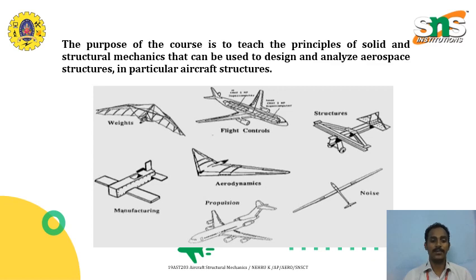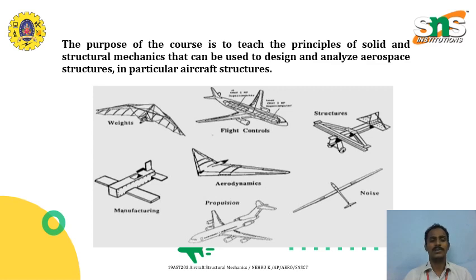So here we have different types of flying machines. One is the flapping wing, the fixed wing, the glider, and the paraglider, which has high aerodynamics models. These are the different types of structures we are going to analyze, and we are going to understand how the airframes are built, especially the fixed wing aircraft: how the fuselage is designed, how the wings are designed, and how engines are mounted in different locations, like wing mounted engines, fuselage mounted engines, and empennage mounted engines.